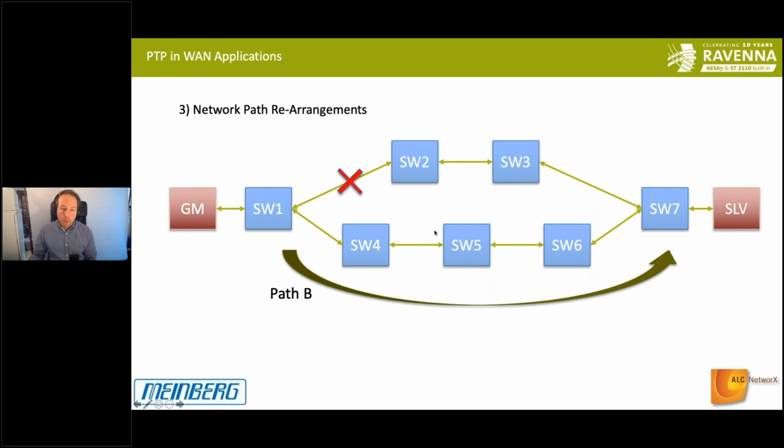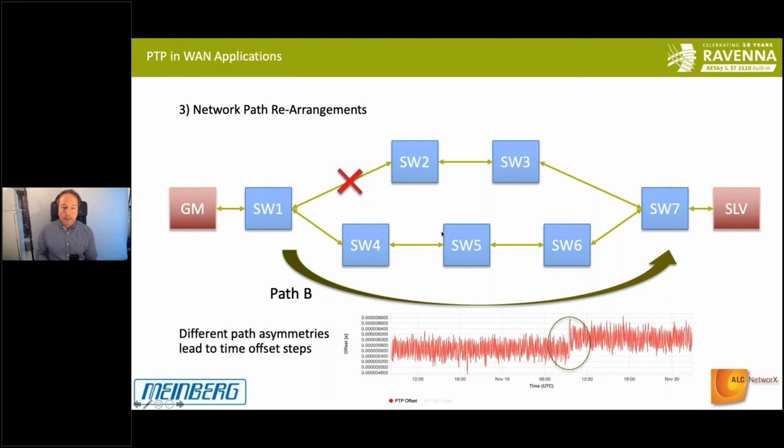And therefore, you can have different asymmetries between these two paths. If you now switch the path to path B, then those different path asymmetries will, in the end, lead to a time offset step in the slave node, which you can see here in this real-life measurement. As this event happened, the time offset stepped from, let's say, 5.3 microseconds to 6.1 microseconds.